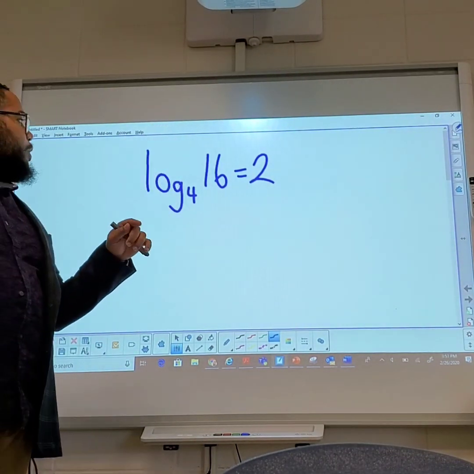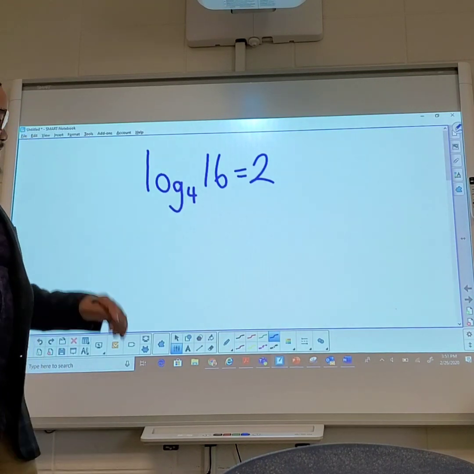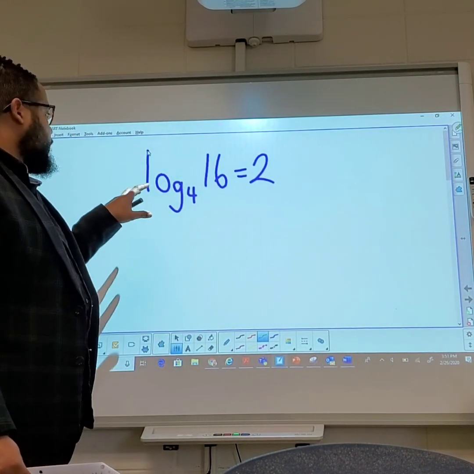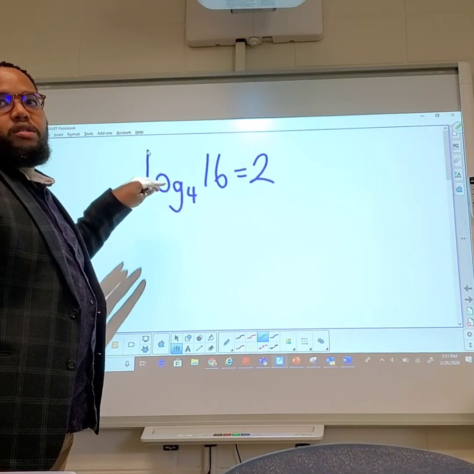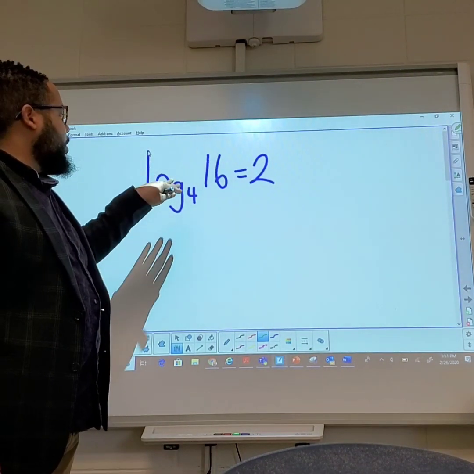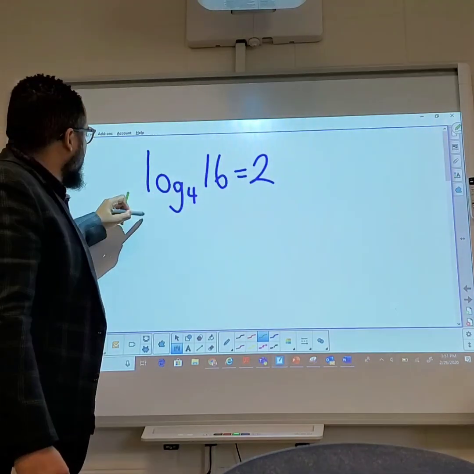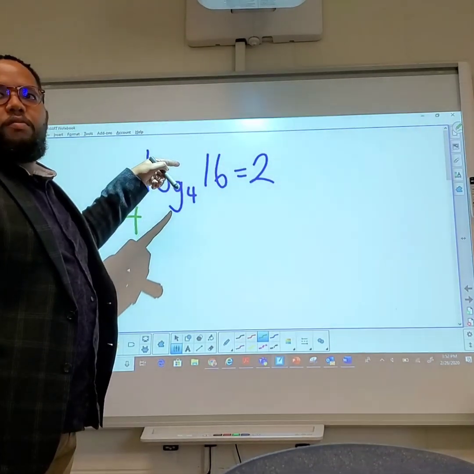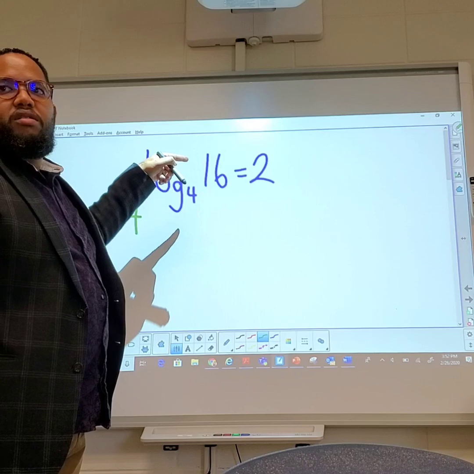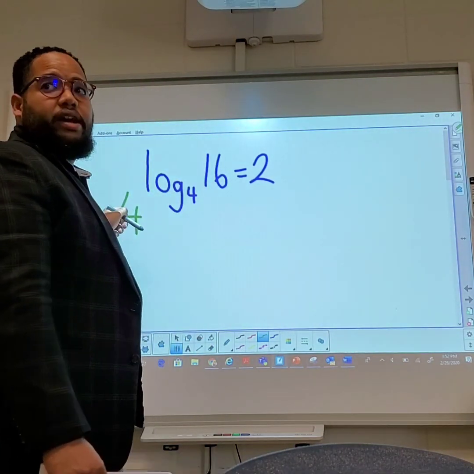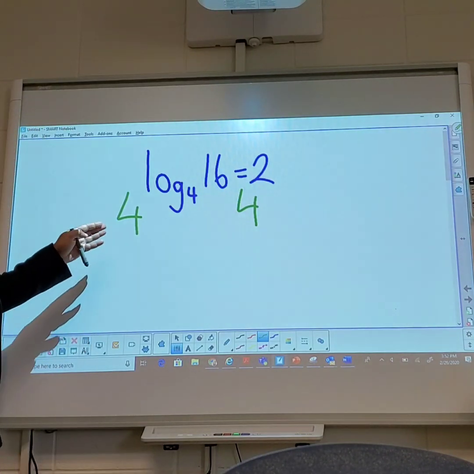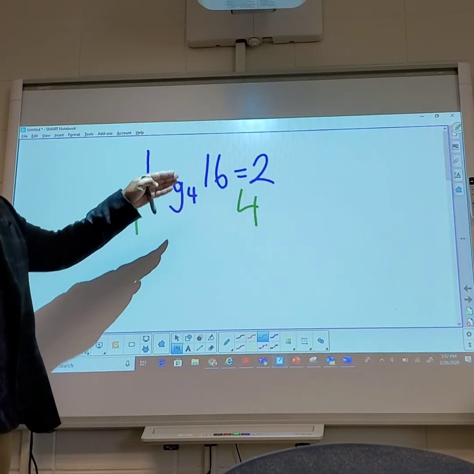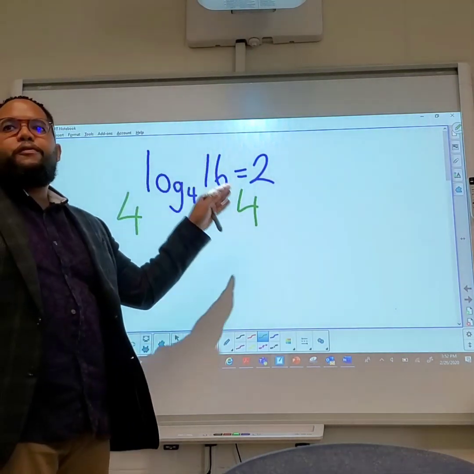So if I want to put this in exponential form, all I have to do is do the opposite of this to get rid of the log. The opposite of log base 4 is 4 to the power log base 4. And what I do on this side, I also have to do on this side. So essentially 4 to the power log base 4 of 16 is equal to 4 squared.